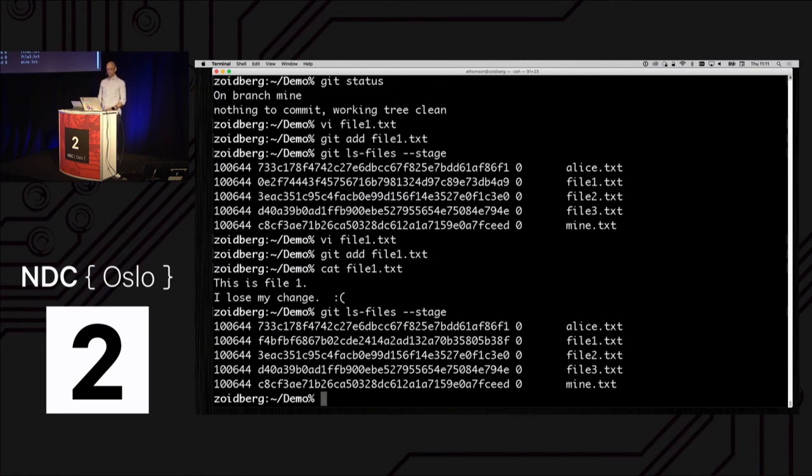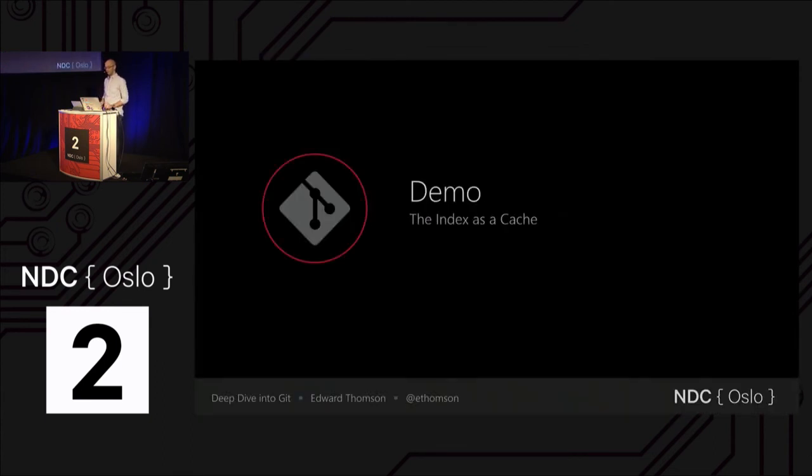If I run ls-files --stage, file1.txt is at a new ID. What happened to 0E2F? So it turns out that this is now garbage in the Git lexicon, and eventually Git will garbage collect it. But until it does, it's still in my object database. If only I had a way to get to it.